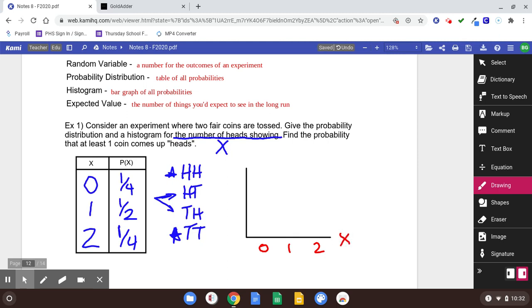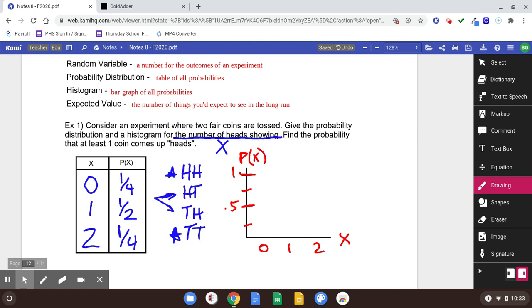On the vertical axis, it's generally the probability. Now remember, probability has to be between 0 and 1. So the highest you can possibly go on this axis is 1. So we can do something like this. We've got 0, 0.25, 0.5, 0.75, 1.